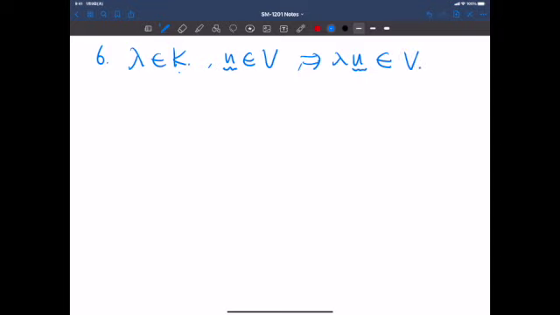So the vector space is closed under multiplication by a scalar. This is another closure property.